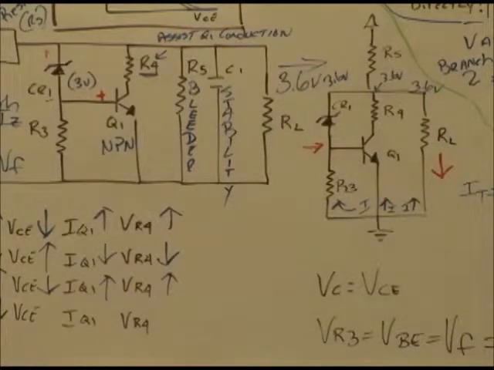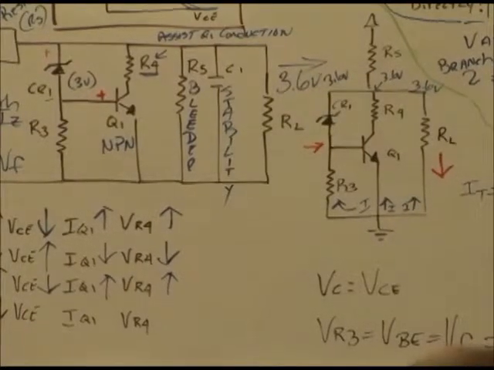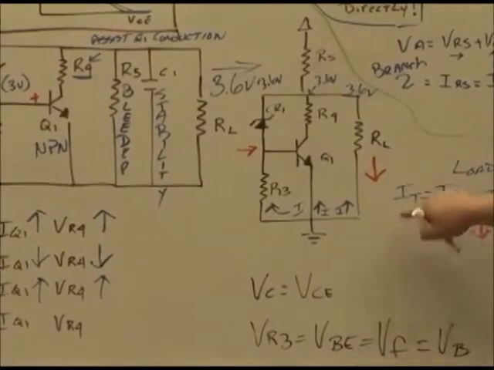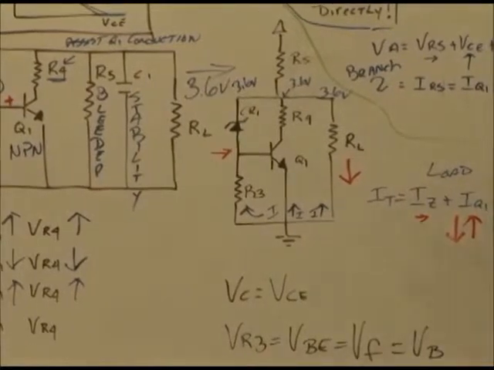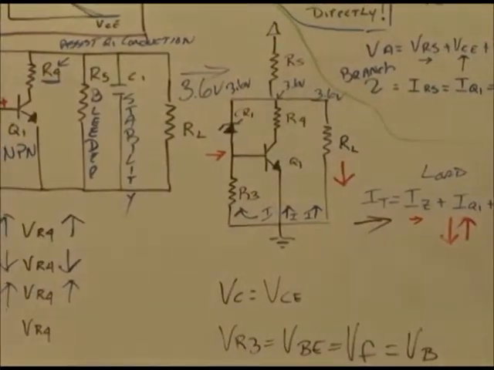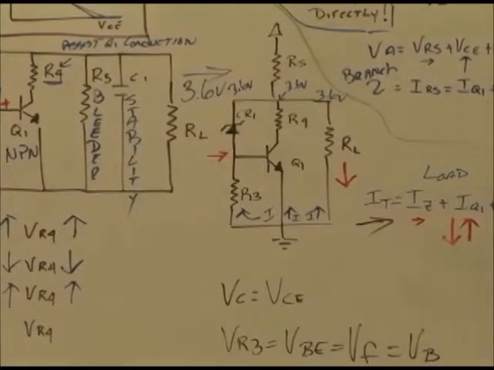If it goes up, what does the branch current here have to do? Now we're dealing with Kirchhoff's current law, aren't we? Yes, sir. Total current has to stay the same, doesn't it? Yes, sir. So now there's where the compensation takes place when the load changes.